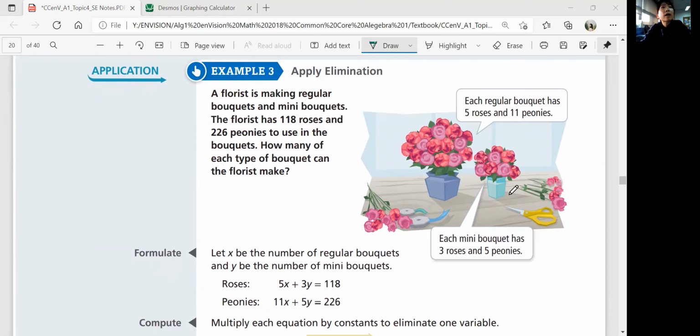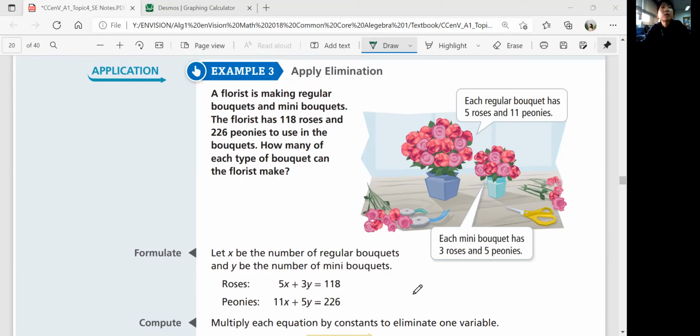Each mini bouquet has 3 roses and 5 peonies. So the equation for roses would be 5x plus 3y equals 118 when x is the number of regular bouquets and y is the number of mini bouquets. Okay, and peonies would be 11x plus 5y equals 226.